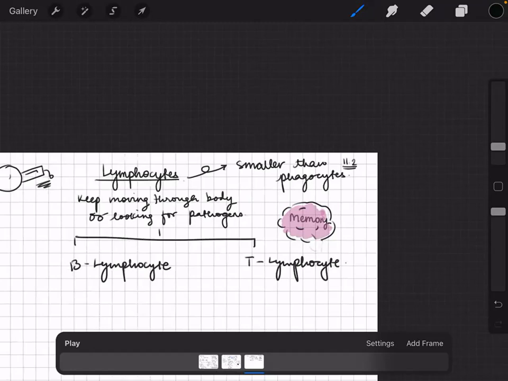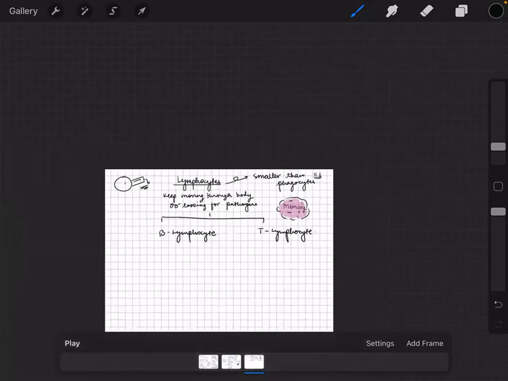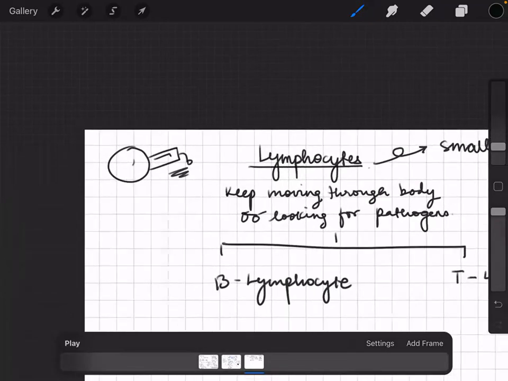Now, it's also very important for you to understand that all the different kinds of lymphocytes, both B lymphocytes and T lymphocytes, are going to be made in the same location where your RBCs are made, which is in your bone marrow.